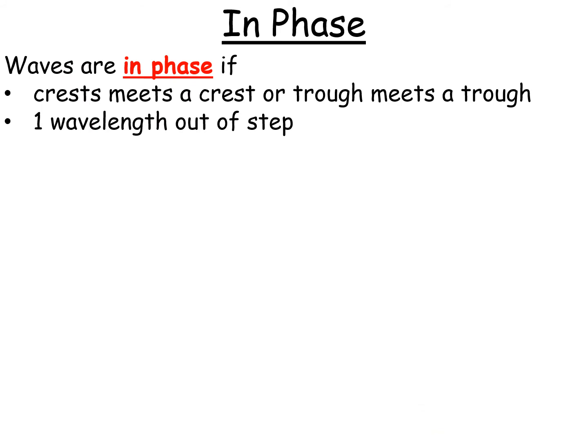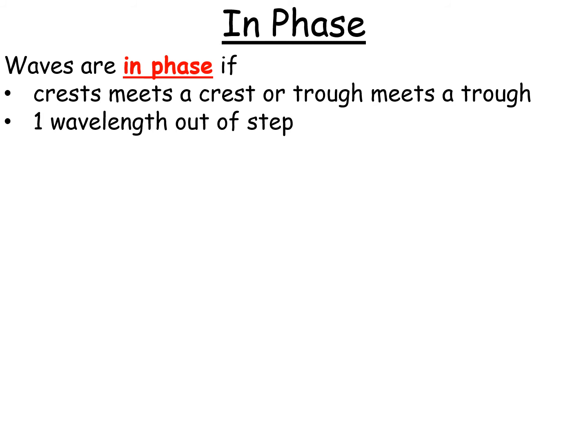So how do we apply what we've learnt in advanced higher to our higher knowledge? Remember I said to you that at advanced higher, we're really looking at detail. So in higher, we talked about in phase as being crest to crest, trough to trough, or one wavelength out of step.